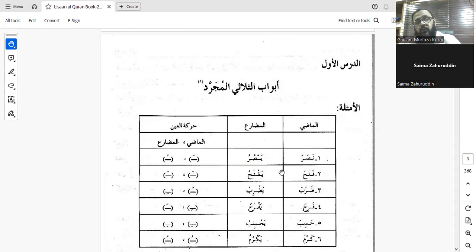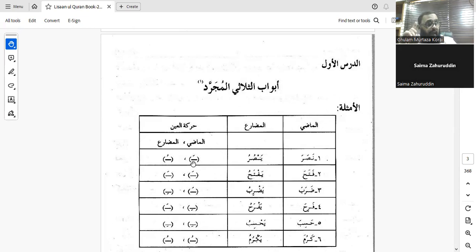And so in nasara, kalimatul ain takes fatha. And in yansuru, kalimatul ain takes a zamma. And both are given at the end. In madi, kalimatul ain takes fatha because there is a change in the kalimatul ain. The harakat do change of the kalimatul ain of Fa, Ain, Lam of Thulathi Mujarrad, right?